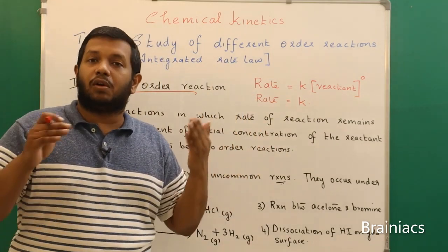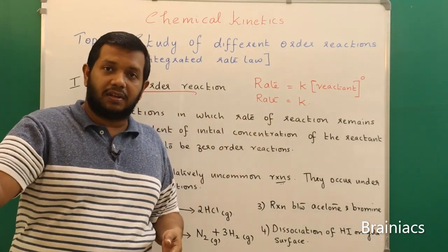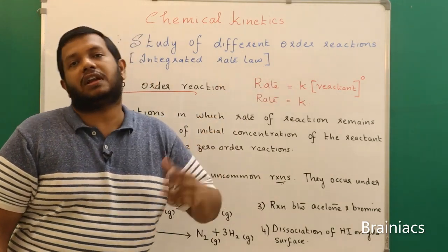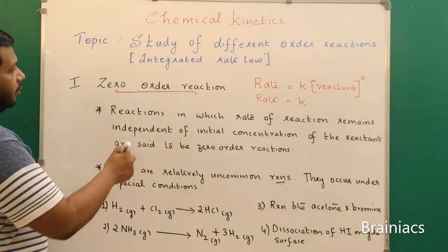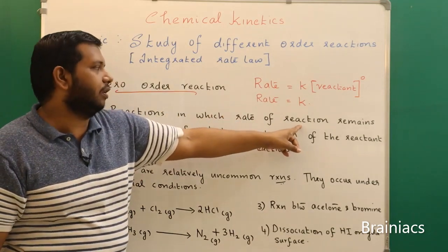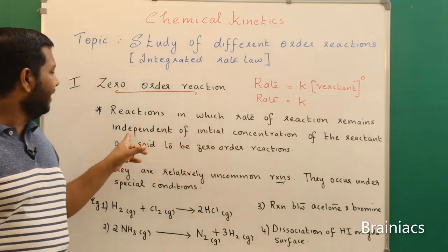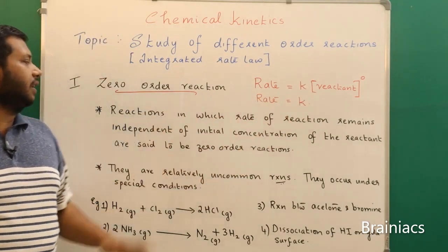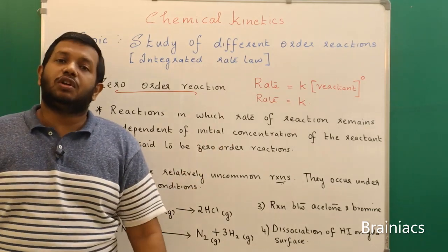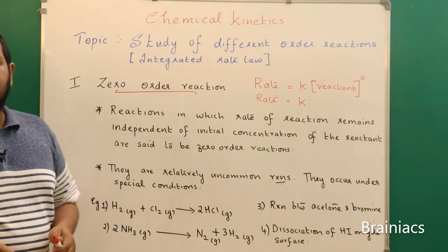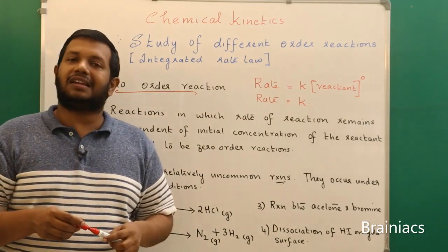Or we can say zero order reactions are those in which the rate of the reaction becomes equal to the rate constant. So the reactions in which the rate remains independent of the initial concentration of the reactant are said to be zero order reactions. Another important thing: usually zero order reactions are relatively uncommon.